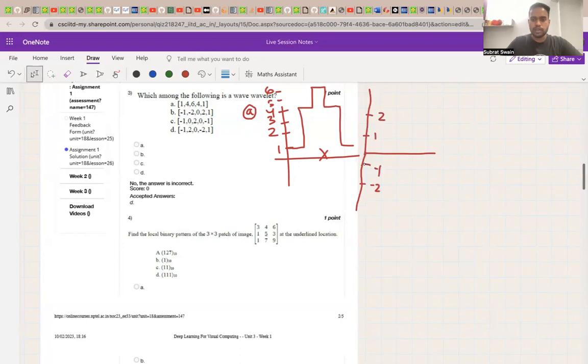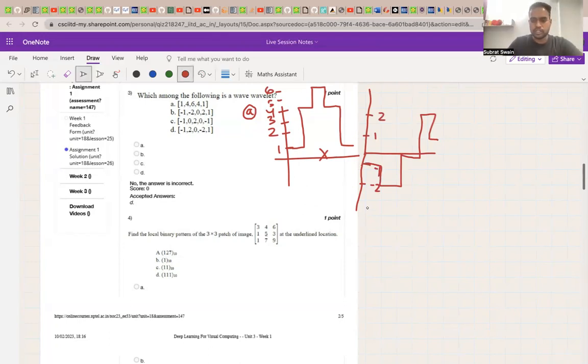It will be -1, then -2, then 0, then 2, then 1. So this is clearly not a wave.